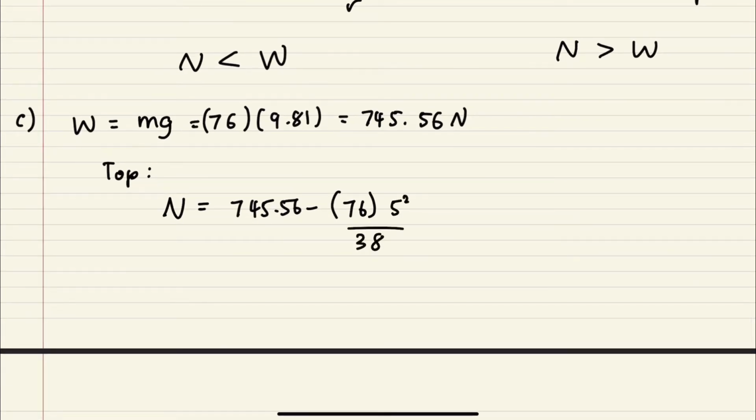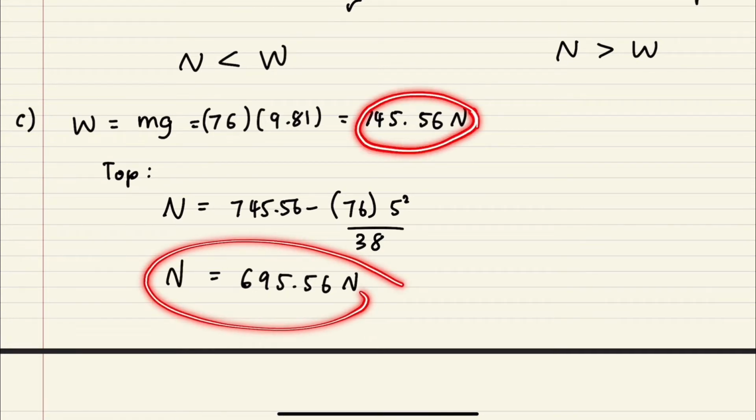Those values we already calculated right before this. So 76, 38. I should get 659.56. So the value of N is less than the weight, which agrees with this statement.